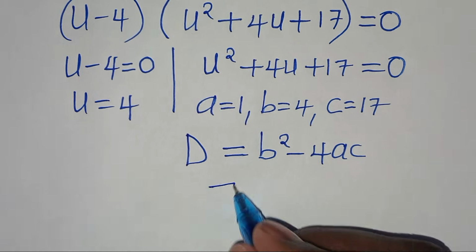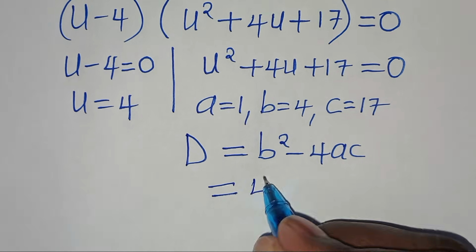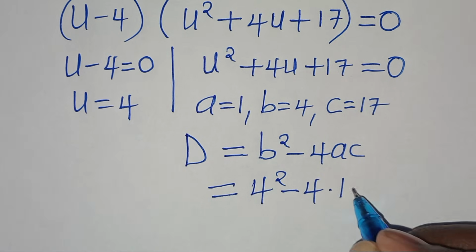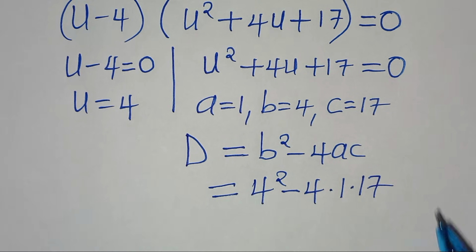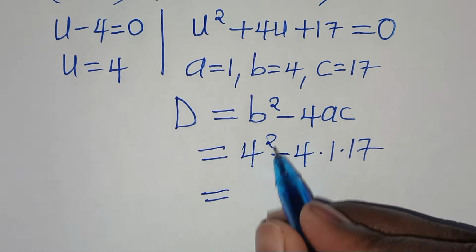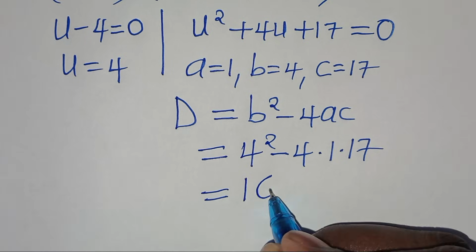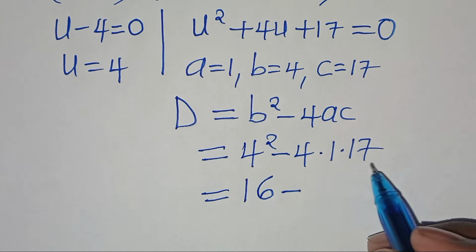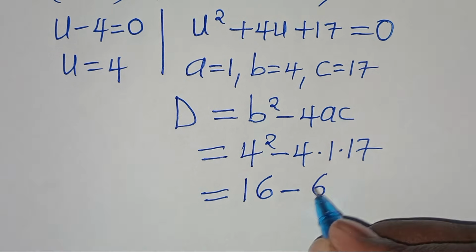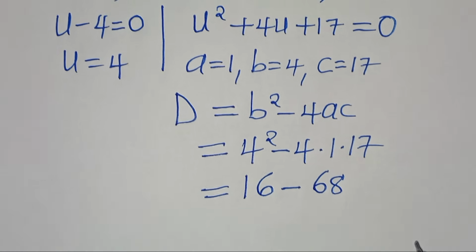So now, this is 4 squared minus 4 times a, which is 1, then times c, which is 17. Here we have 4 squared, this is 16, minus, now we have 17 times 4, and this is equal to 68.